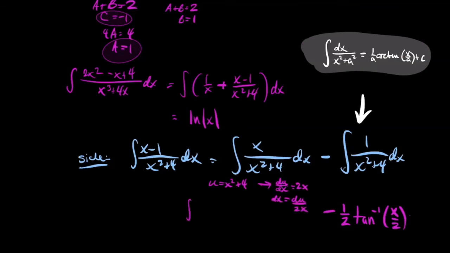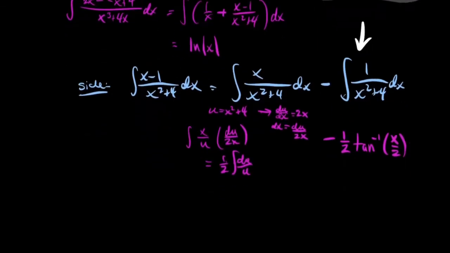So we'd have the integral of x over u and then du over 2x. So those x's cancel, but we're left with a 1/2 that we could pull out front. So 1/2 the integral of du over u, which is the natural log. And that would just be 1/2 ln of u, which is x squared plus 4.